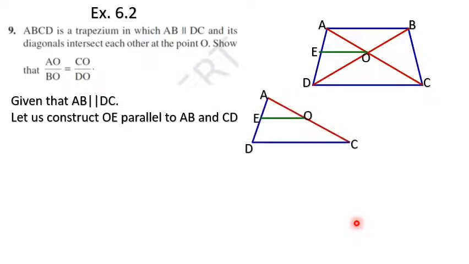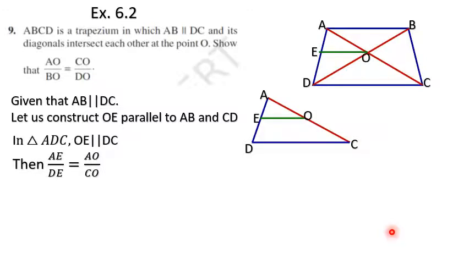Now let us consider the triangle ADC. So OE parallel to DC. So what we can say? Yes, AE by DE is equal to AO by CO. This is equation 1 due to BPT.